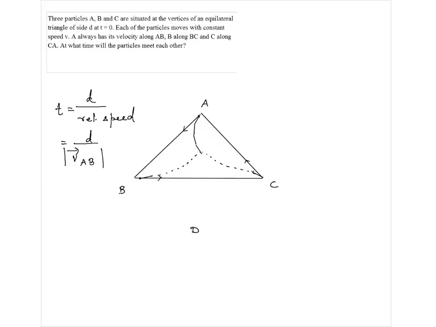Relative speed, in that direction it should be. So I should write the component of relative velocity of A with respect to B along AB.